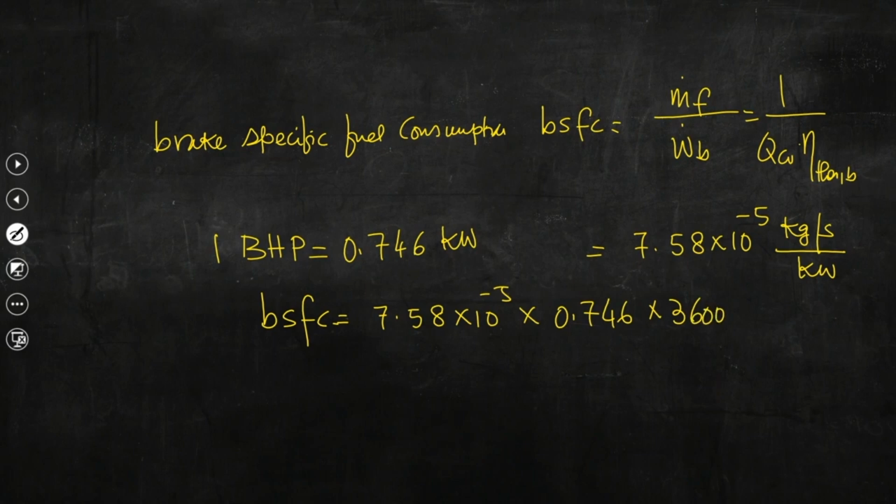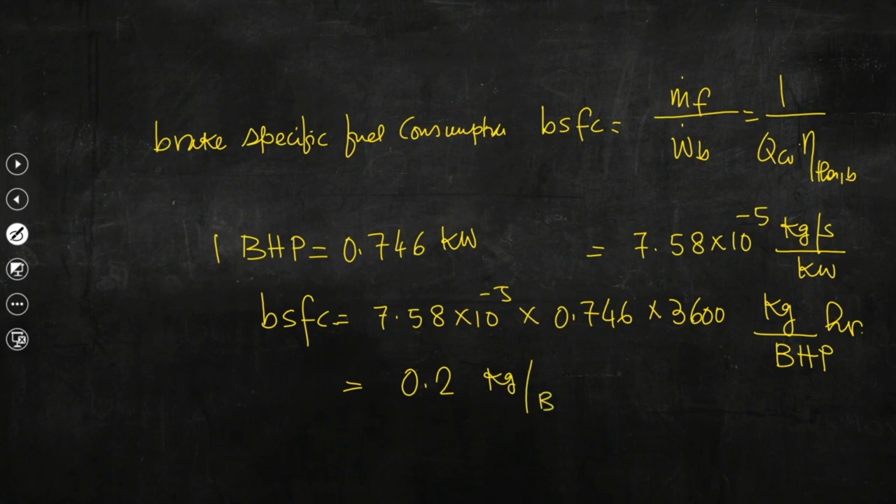So, we can convert the unit second to hour, it would be kg per bhp hour, and if we calculate it, you will be getting 0.2 kg per bhp hour.